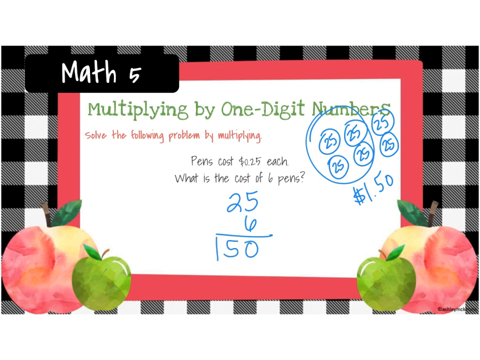And then you realized I got to make sure that I put my decimal here because I'm multiplying 25 cents, not 25 wholes. If you ended up with $150, I asked you guys, is that reasonable? Make sure your answer is reasonable. And y'all realized, oh yeah, $150 doesn't make sense if I only have 6 pens and they're 25 cents each. So your answer should be $1.50. Perfect. You guys did awesome.